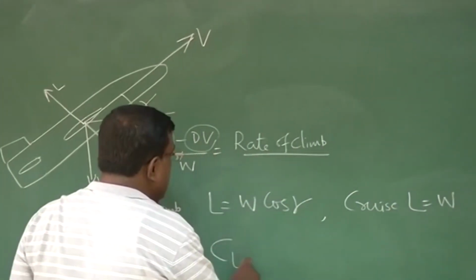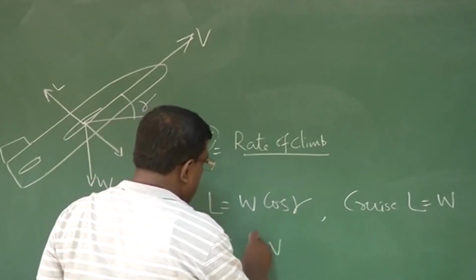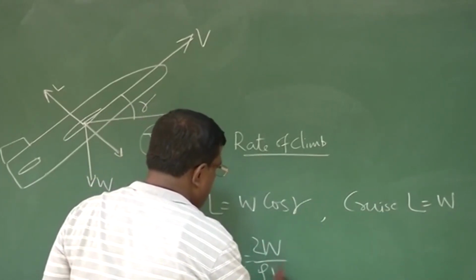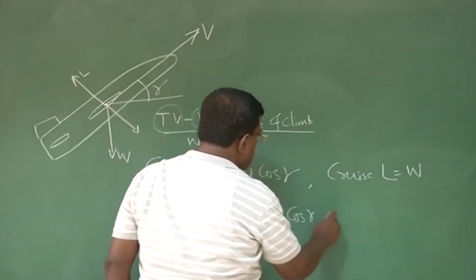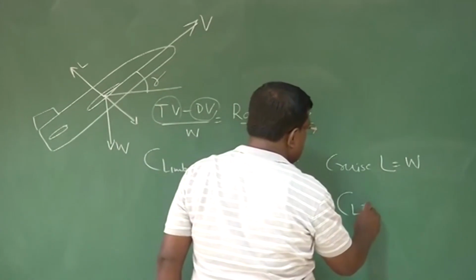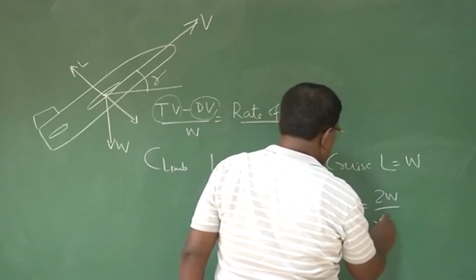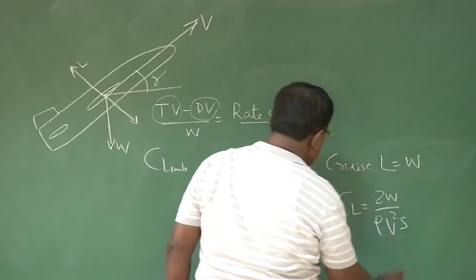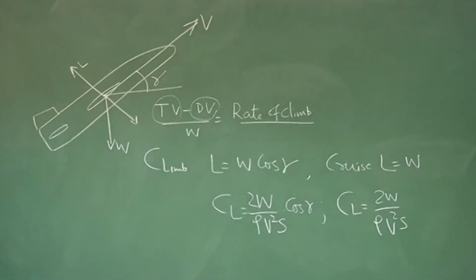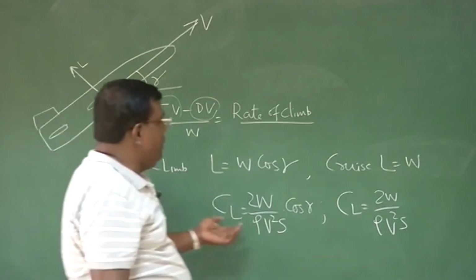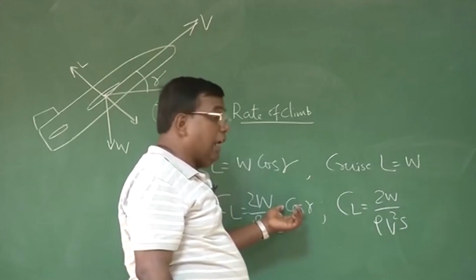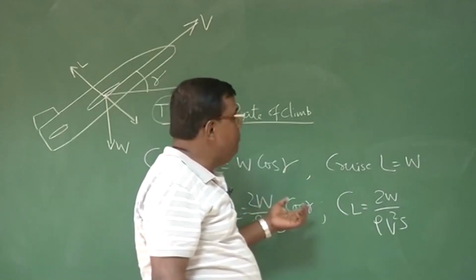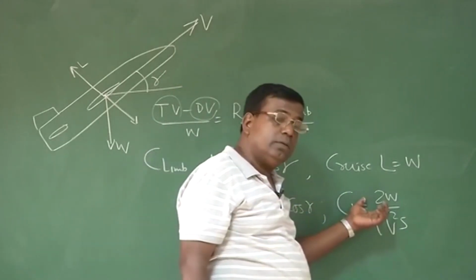So you could see that CL in climb is 2W by rho V square S into cos gamma, and CL in the cruise case is 2W by rho V square S. So which one is greater? Since here there is a cos gamma, you could see clearly that CL during climb is less compared to CL during cruise, right?